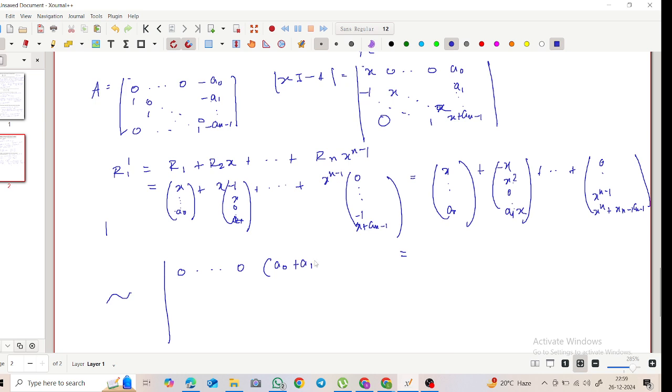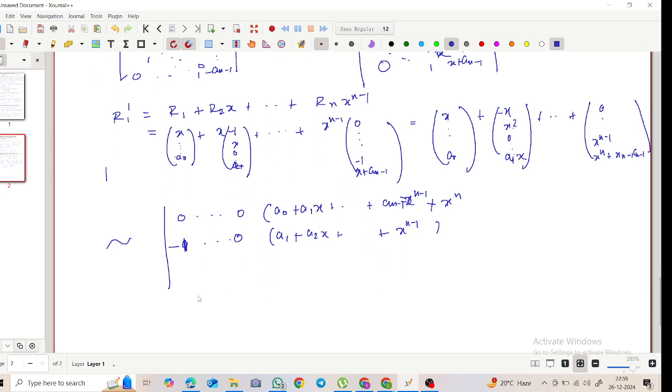A naught plus A1x up to an minus 1 x to the power n, 0 0 0, minus 1, 0, E1 plus A2x up to x to the power n minus 1, and so on, okay? 0 0 0 minus 1 x plus an minus 1, okay?